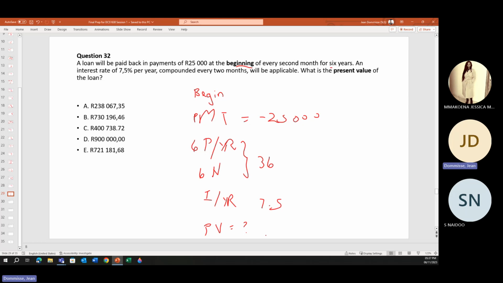I normally make my future value 0 so that any previous question is not stored in there. And then my present value is 750,196.46. And that is option B.